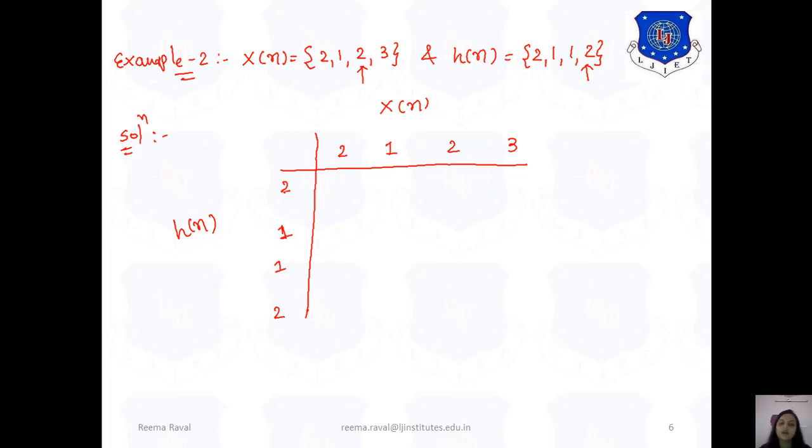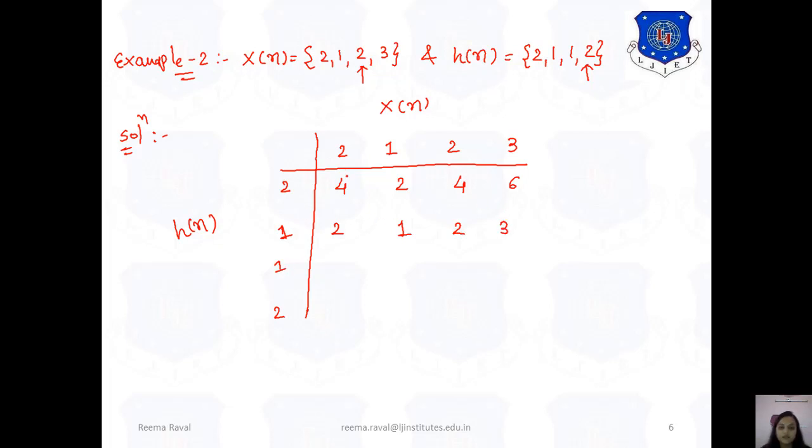So same method, we are going to multiply this entire row with respective values of h of n. So first this will give 2 into 2, 4, 2 into 1, 2, 2 into 2, 4, 2 into 3, 6. Okay. In next row, 1 into 2, 2, 1 into 1, 1, 1 into 2, 2, 1 into 3, 3.